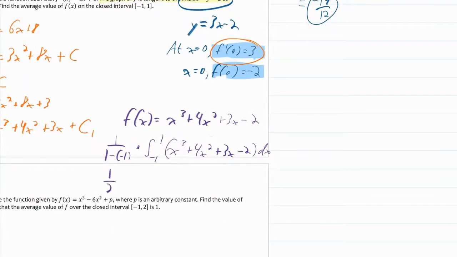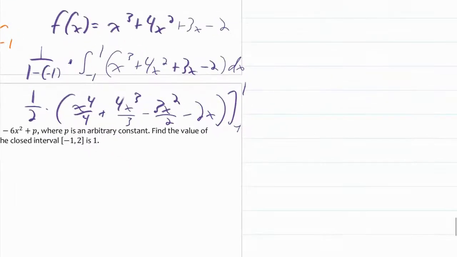So this is 1 over 2 times x to the 4th over 4 plus 4x cubed over 3 minus 3x squared over 2 minus 2x, and that's evaluated from -1 to 1. It may seem like this is a little bit much to do by hand, but it is not uncommon for them to have to do lots of fraction work like this. So let's just practice this.